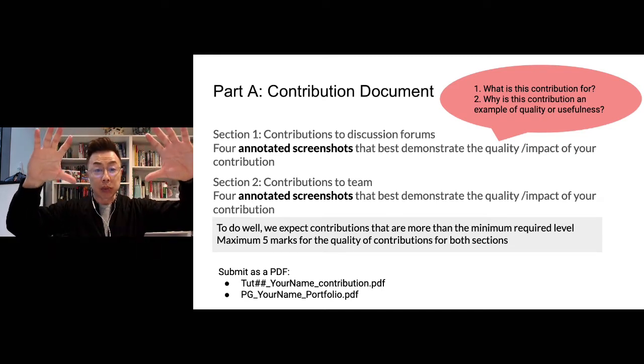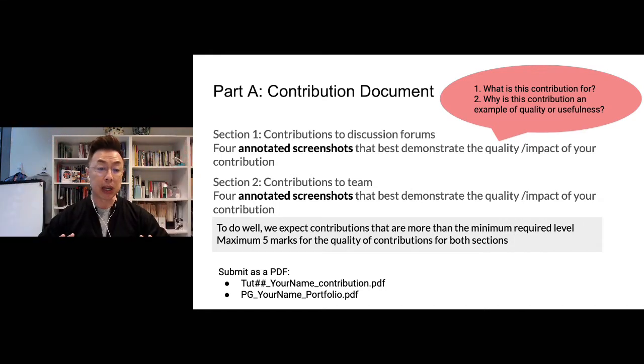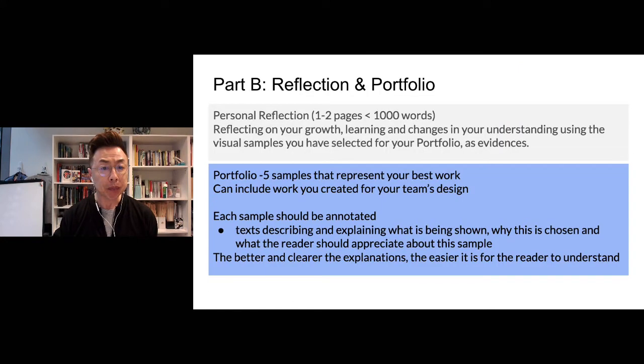Section 1, contribution to the discussion forums and discussion sessions, and contribution to your team, with the screenshots and with annotation about what they are about. Okay, and the naming of the file is shown here in this slide, how you need to submit it. Basically, for undergraduates, we want you to start your file with your tutorial number. And for all postgrad students, because you just want tutorial class, start it with PG.